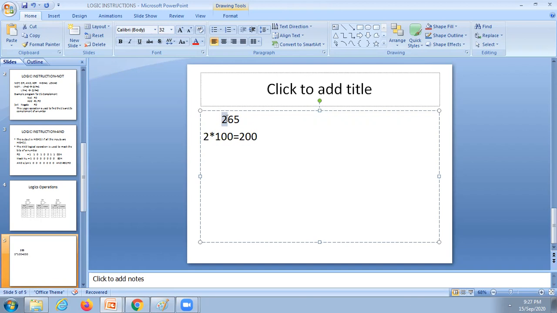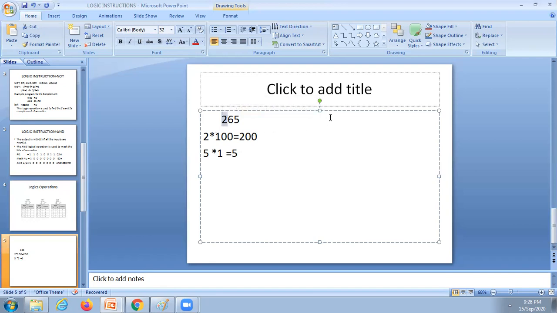The least significant digit is 5. What is the value of 5? 5 into its place value 1, so it is 5. So which is more important here, the left side digit or the right side digit? Always the left side digit will have more impact.